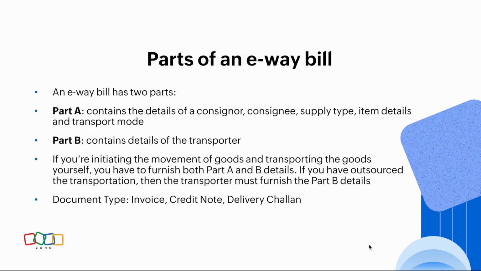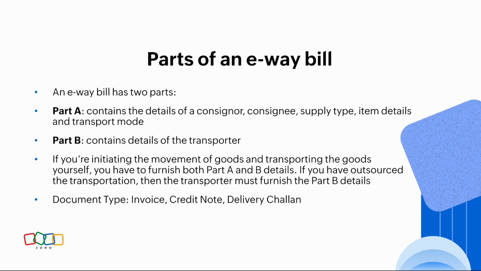Now let us understand the various parts of an e-way bill. An e-way bill consists of two parts. Part A contains the details of consignor, consignee, supply type, item details and transport mode, whereas Part B contains the transporter details. If you are initiating the movement of goods and transporting the goods yourself, you have to furnish both Part A and Part B details.